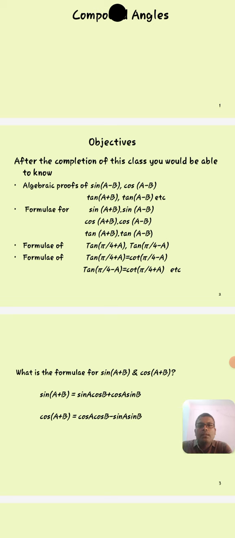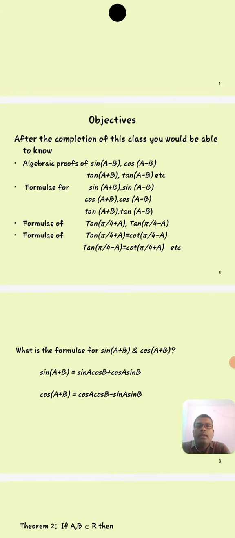After completion of this class, you will be able to know the algebraic proofs of sine of a minus b, cos of a minus b, tan of a plus b and tan of a minus b, and also the formulas for sine of a plus b into sine of a minus b, cos of a plus b into cos of a minus b, tan of a plus b into tan of a minus b, and also the formulas of tan of pi by 4 plus a and tan of pi by 4 minus a.